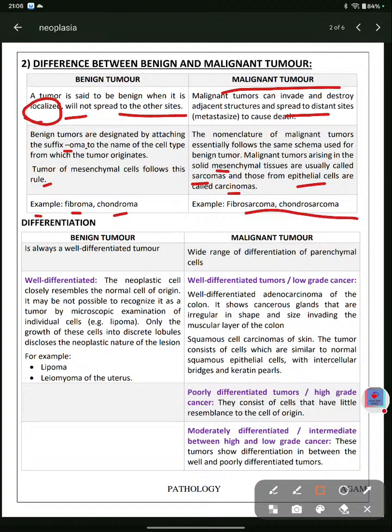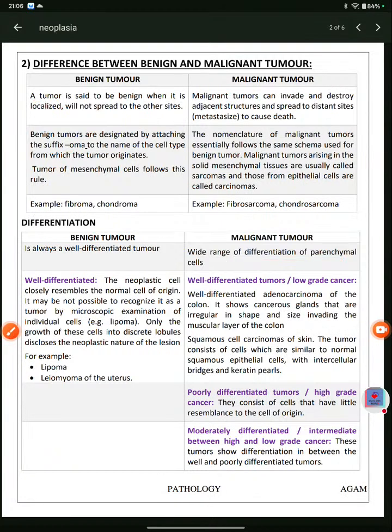So benign tumors are well differentiated, with a wide range of differentiation of parenchymal cells. Fat cells closely resemble normal cells.